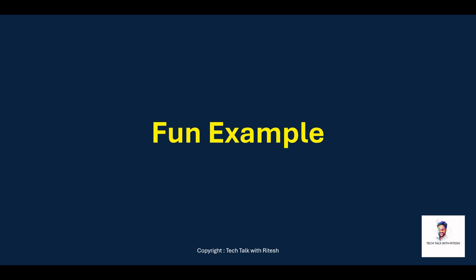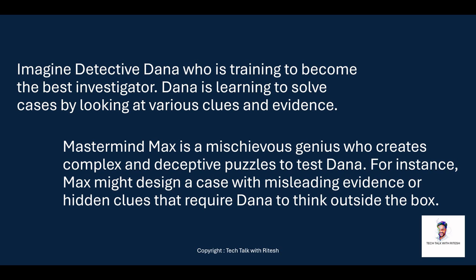Let's see a fun example. Imagine Detective Dana, who is training to become the best investigator. Dana is learning to solve cases by looking at various clues and evidence. Mastermind Max is a mischievous genius who creates complex and deceptive puzzles to test Dana.